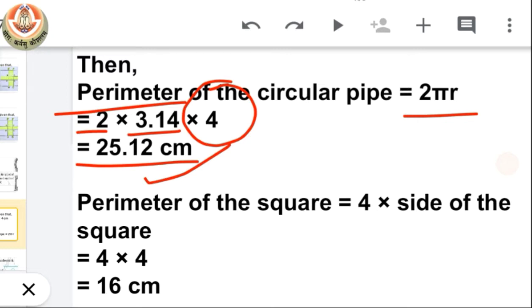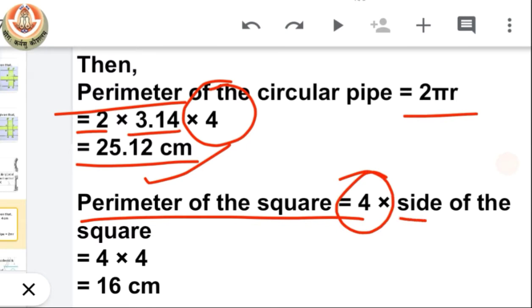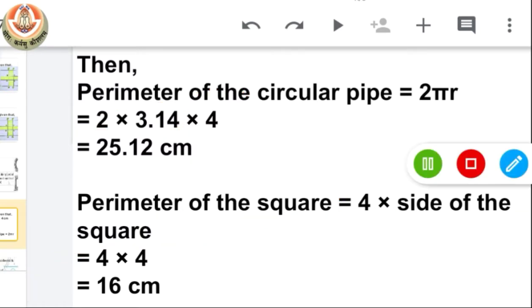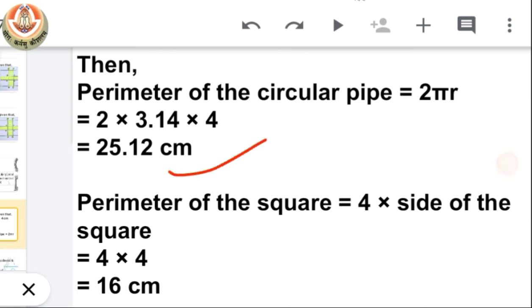Now we have to find the perimeter of the square of side 4 cm. So the formula is 4 into the side of the square. So 4 into 4 is 16 cm. So you can see here clearly that the circumference of the circular pipe is much larger than the perimeter of the square.